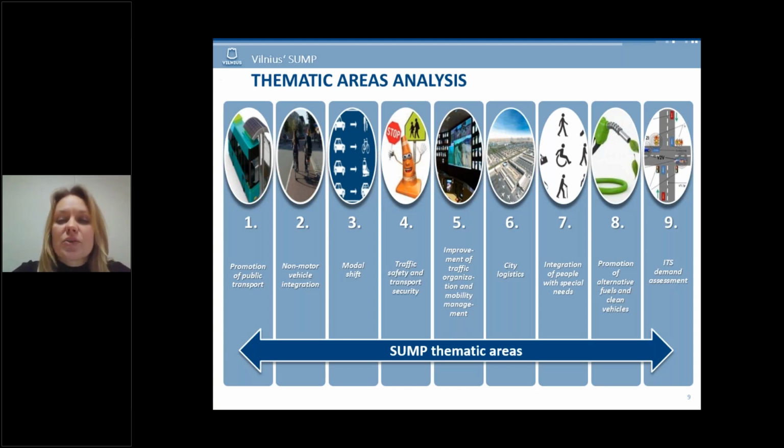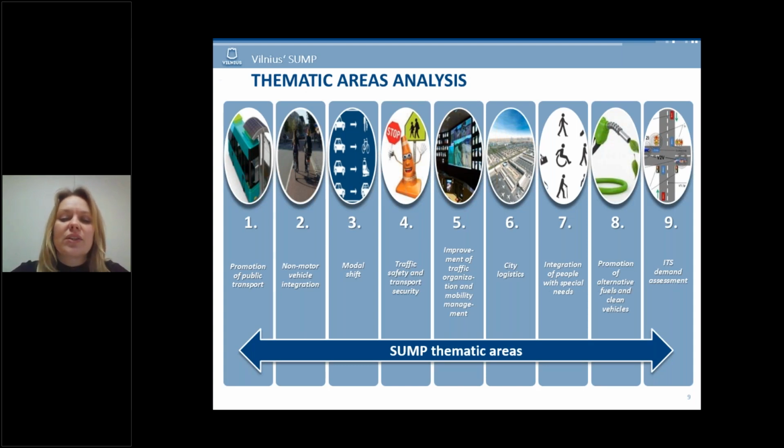Okay. So the Lithuanian guidelines told us to analyze 9 thematic areas, and most of the cities were of course able to do it. But I don't think this very sectoral approach is really good. In the Vilnius case, we did a multidisciplinary analysis.